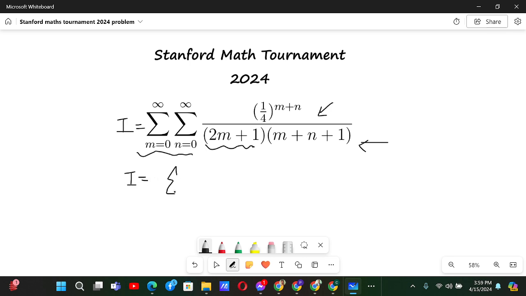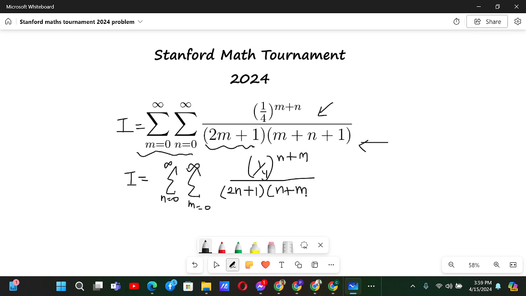If we interchange m and n, we get sum from n equals 0 to infinity, sum from m equals 0 to infinity, and then over here it will again be 1 by 4 to the power m plus n, m by this is just 2n plus 1, and this is just n plus m plus 1.